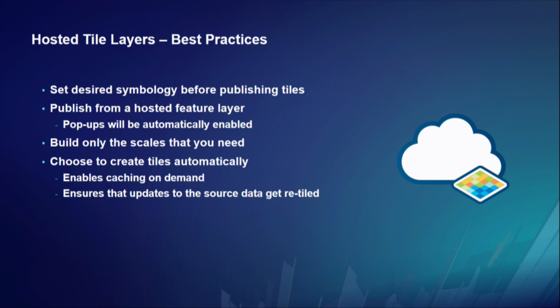And if you also create tiles automatically, it ensures that when that source feature data is updated, that hosted tile layer will automatically retile that area wherever those updates occurred. So it adds some efficiency to managing your hosted cache going forward.